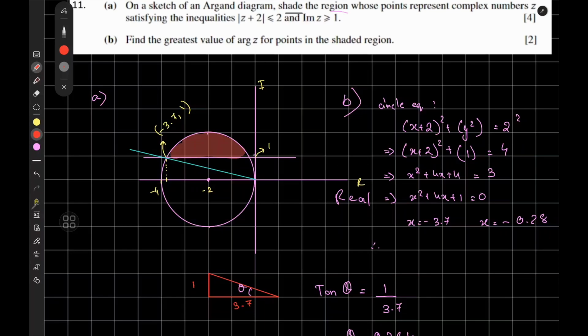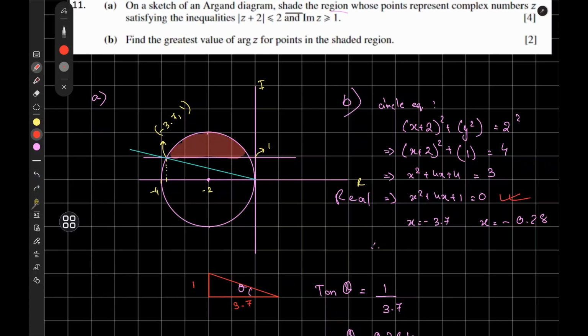Now you also know that the point is intersected by y equals 1. So you put in the value y equals 1, get a quadratic equation, and solve it to get values of x. You will get two values of x, because the line y equals 1 intersects the circle at two points, this point and this point.